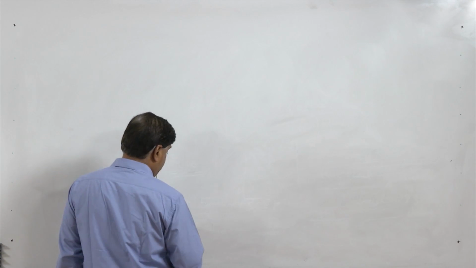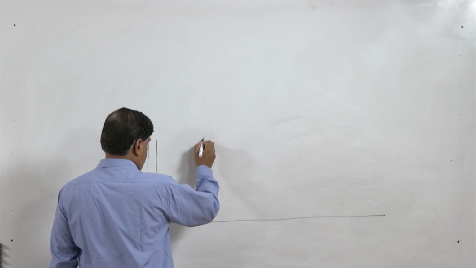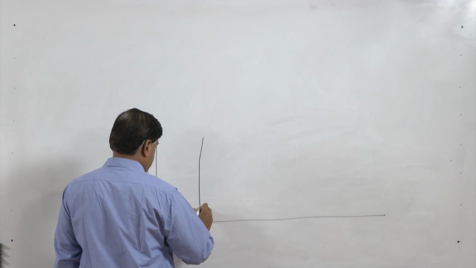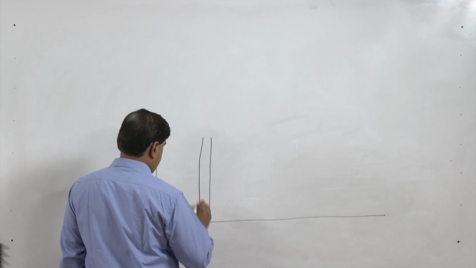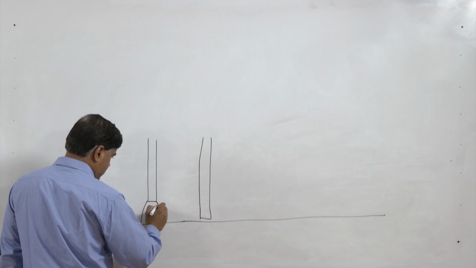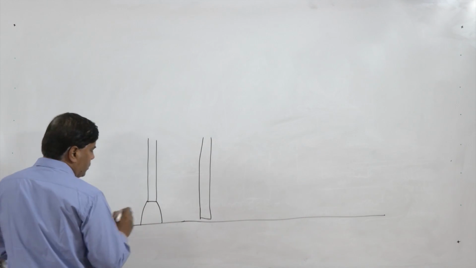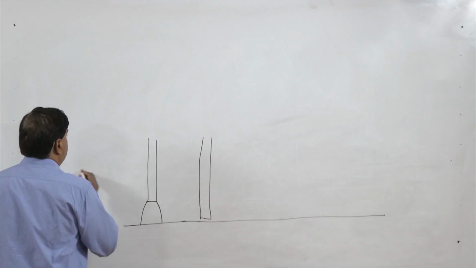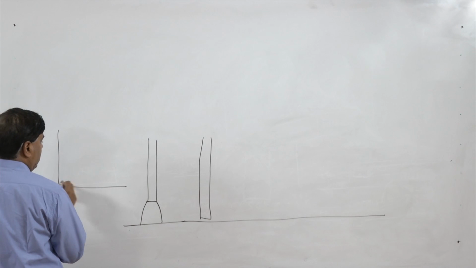I will make 4 diagrams like this. So let us start here. So this is the arc. So when there is arc, the current value is like this.